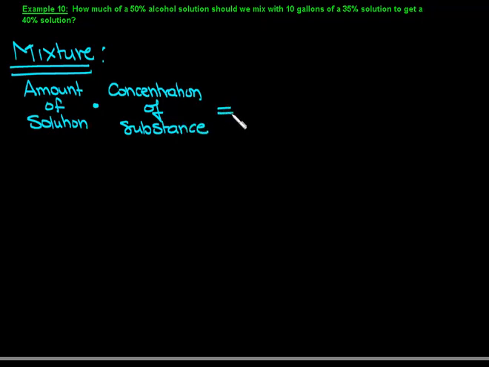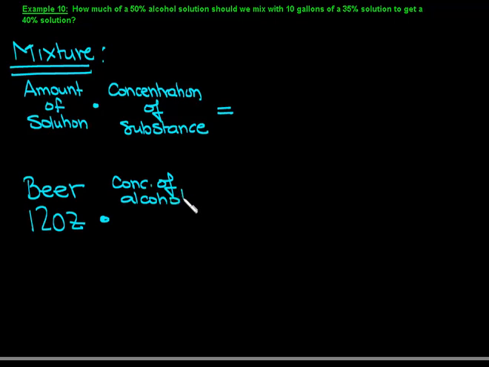Let me give you a concrete example. So let's say you have a 12-ounce can of beer. That's my solution. And I multiply that by the concentration of alcohol. I'm interested in the concentration of alcohol in the beer. The side of the beer can tells me that the amount of alcohol in the beer is 20%.